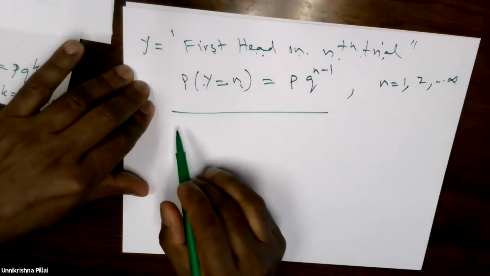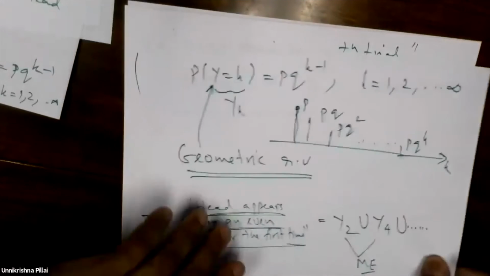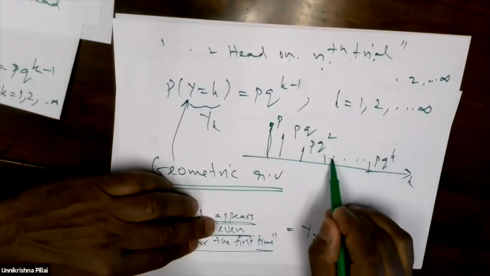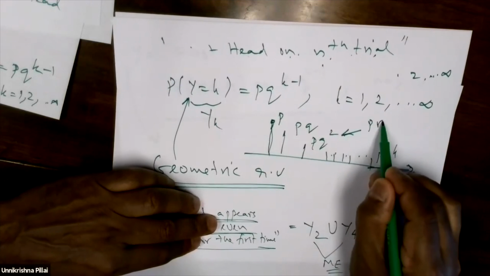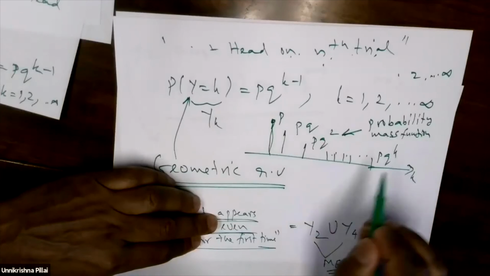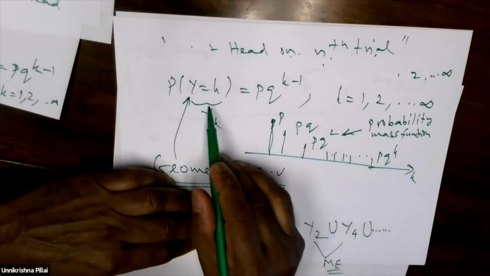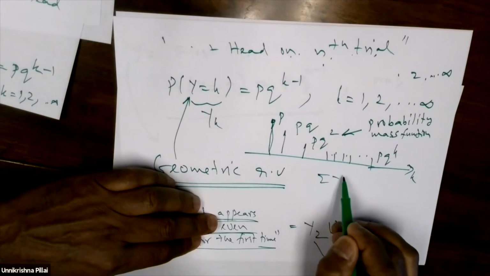I'm going to generalize this. All these are discrete random variables, because if you plot this, they look like masses. So this graph is called the probability mass function. And let me also ask you this: if you add up all these probabilities, what will you get?